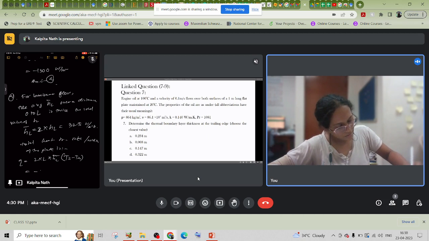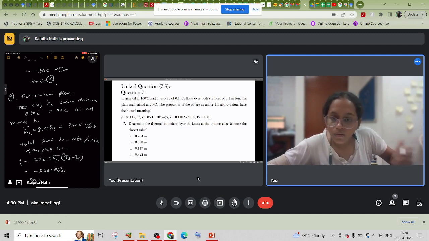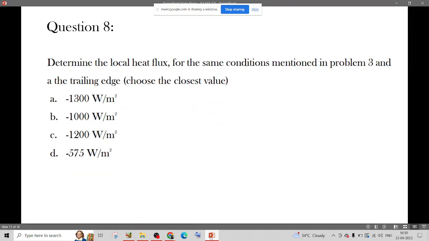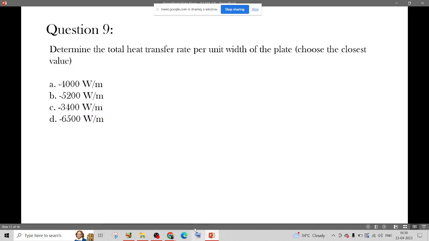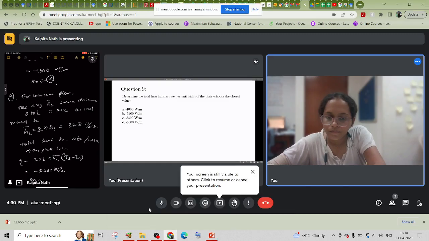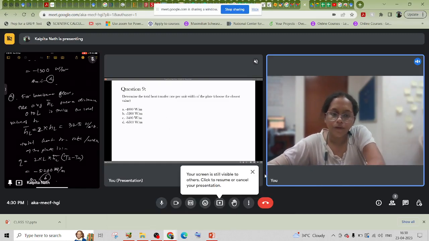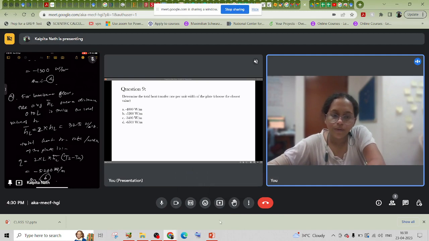That is, in this case, 5200 watt per meter. So that is option B. Right, option B. We are done with question number 9. Now let us proceed to question number 10.